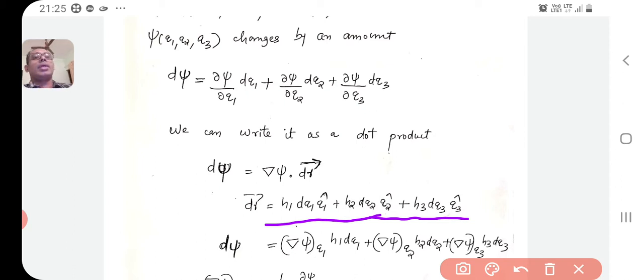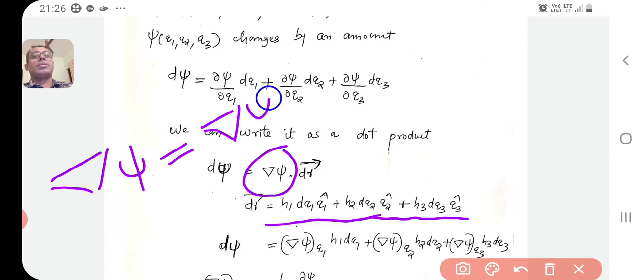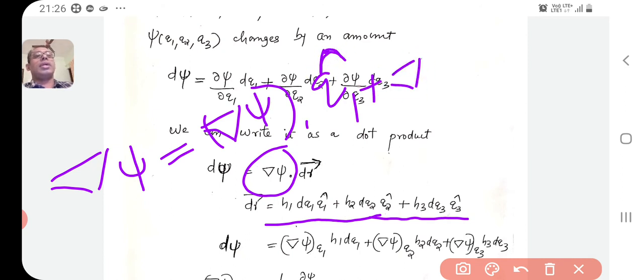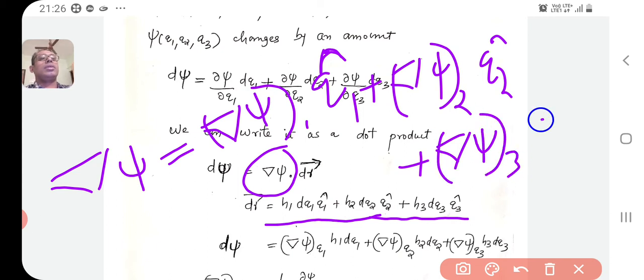Okay, and del psi, its components are del psi first component q1 unit vector q1, then del psi q2 unit vector q2, then del psi q3 unit vector q3.